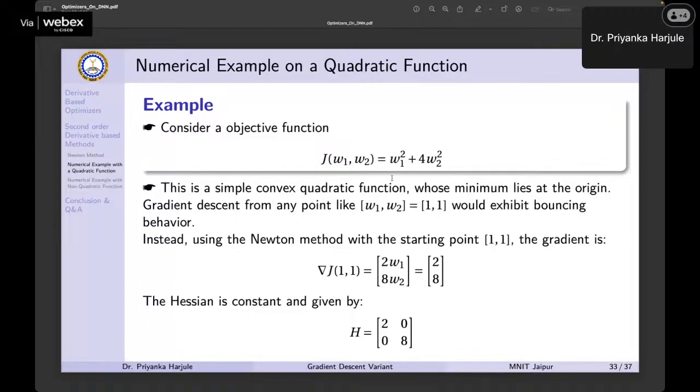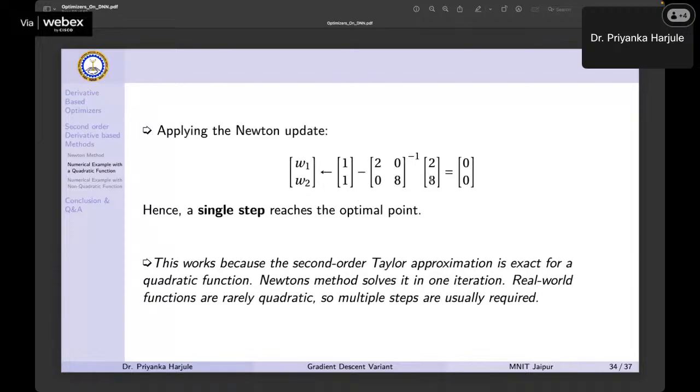This is a nice looking convex quadratic function, and we start with the initial value 1, 1, and apply the Newton method, that is, by calculating the gradient, you find the Hessian, and apply Newton's update rule by updating this point with the difference of this point and the multiplication of the inverse of the Hessian with the gradient of the loss function. So in a single step, we reach the optimum point.